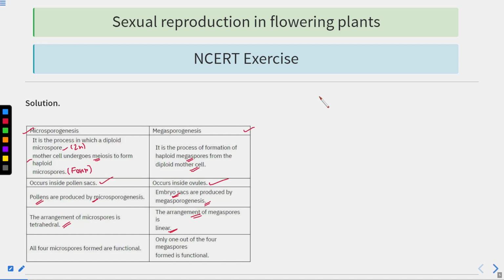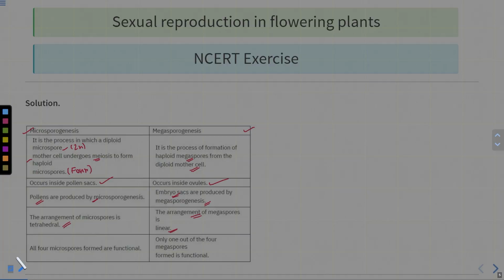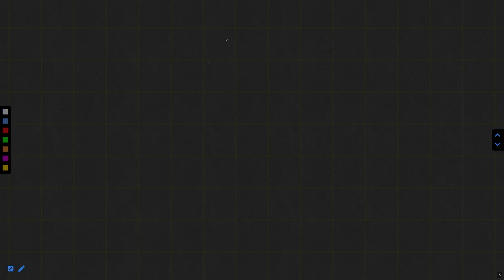Now, in microsporogenesis, the arrangement of the microspores is tetrahedral, whereas the arrangement of the megaspores is linear. This I've already told you. If this is the tetrad, this is how the tetrahedral arrangement will look like. Only three will be visible here.